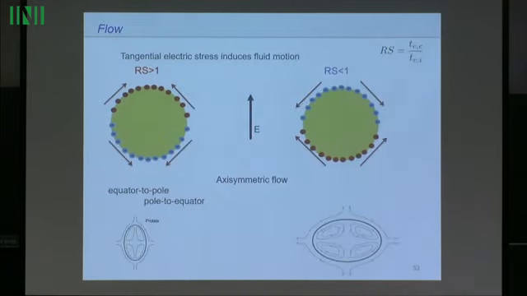And associated with those are flows, and the flow for this case gives a flow that converges toward the poles, and the flow in this case gives a flow that converges to the equator.